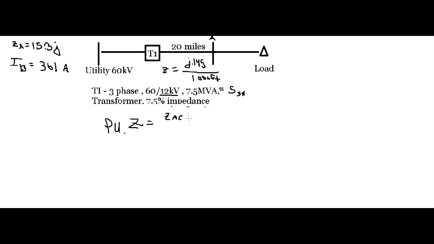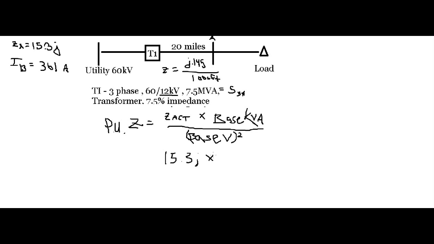It shows that the per unit Z is equal to the actual impedance, Z actual, multiplied by the base kVA divided by the base voltage squared, base V squared.